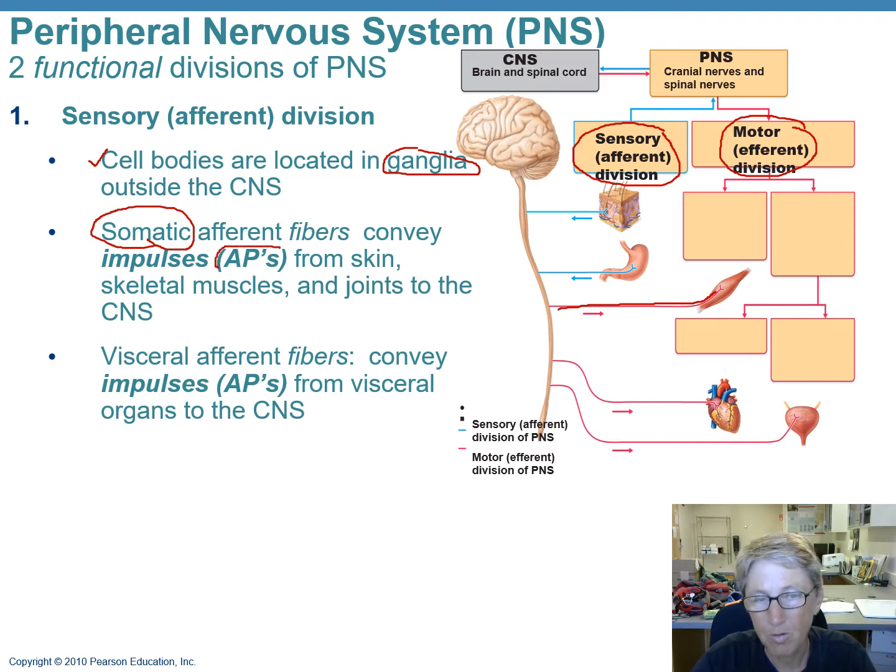Remember, impulses are also called action potentials. They convey action potentials from the skin, from skeletal muscles, from joints, and they send that information about the state of the skin, the skeletal muscles, and the joints via sensory afferent fibers to the CNS.